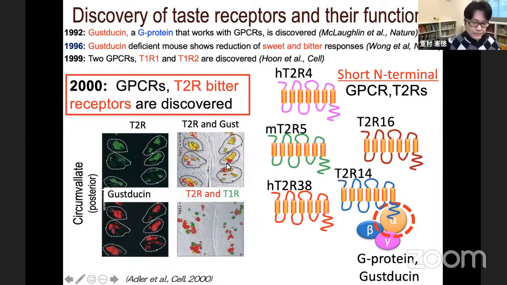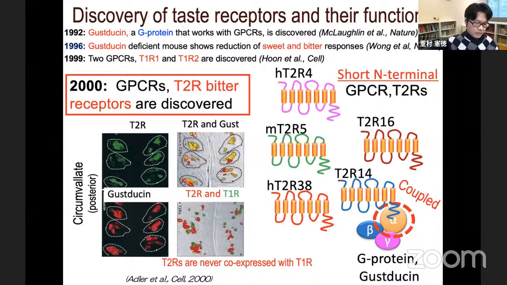Yellow signal indicates overlapping cells of these genes, T2R and gustducin. As you can see, most were yellow, suggesting T2Rs are co-expressed with gustducin. On the other hand, no yellow signal was detected between T2R and T1R1, suggesting T2R is never co-expressed with T1R.